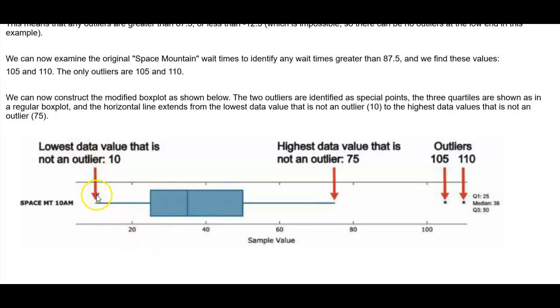Remember, the minimum value is 10, the maximum is 75, and then we have quartile 1, quartile 2, and quartile 3. And again, the horizontal line extends from the lowest data value that is not an outlier, 10, to the highest data value that is not an outlier as well. So you can see here that the minimum and maximum are not outliers, but these values, 105 and 110, are outliers.